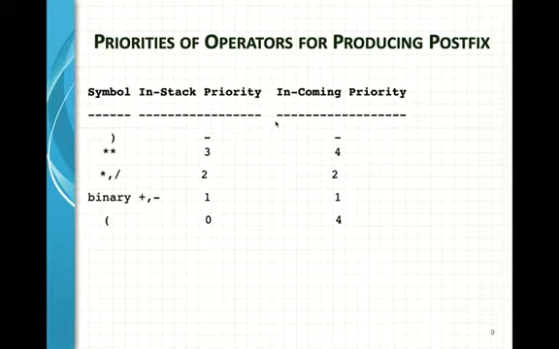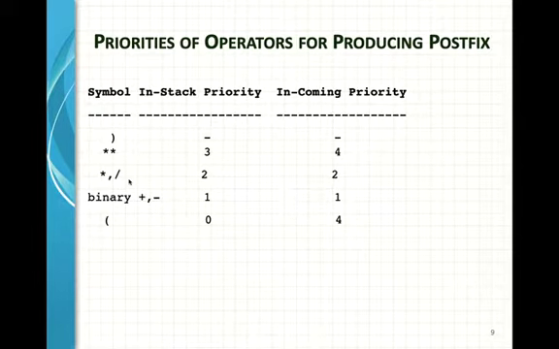In the algorithm we will show these as ISP, meaning in-stack priority, and ICP, meaning incoming priority. These two stars denote the power, like square or cube, the power operation. So if there is a power operation, its in-stack priority will be 3 and incoming priority will be 4.